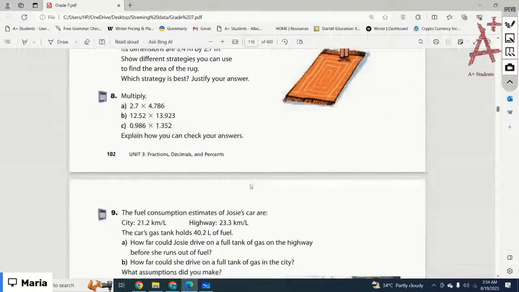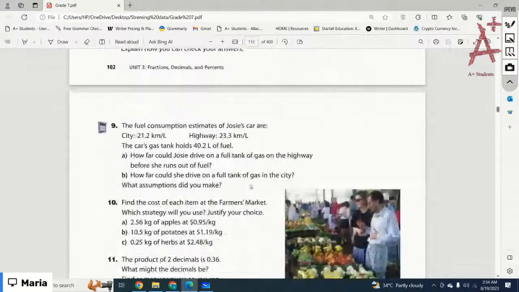Okay, let's just start with question number 9. The fuel consumption estimates of Josie's car are 21.2 kilometers per liter in the city, and on the highway it is 23.3 kilometers per liter. The car's gas tank holds 40.2 liters of fuel. How far could Josie drive on a full tank of gas on the highway before she runs out of fuel? How far could she drive on a full tank of gas in the city?